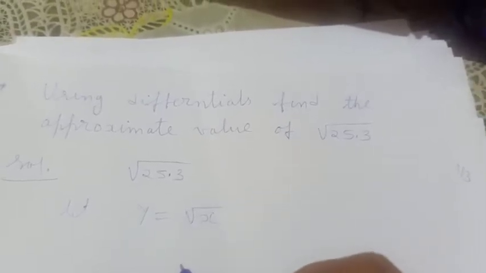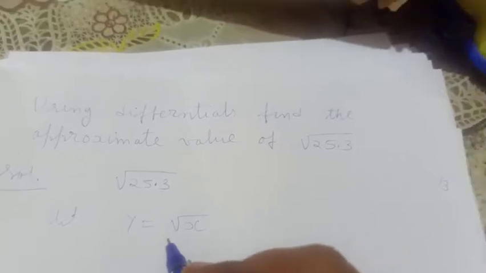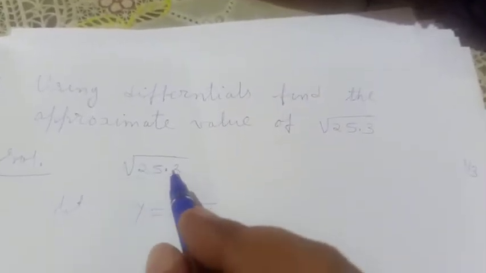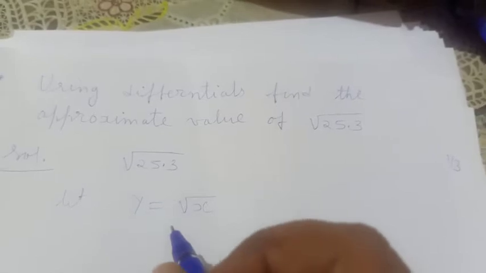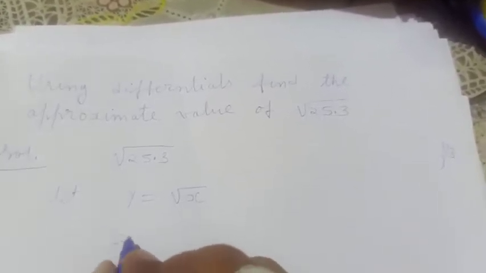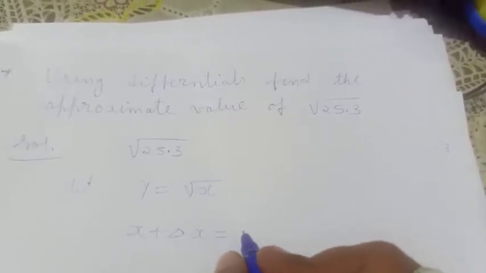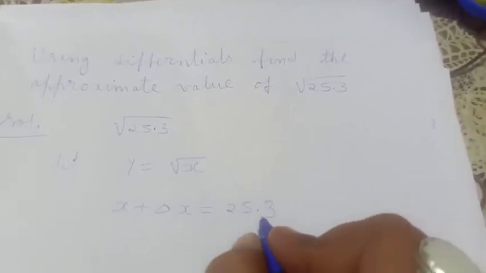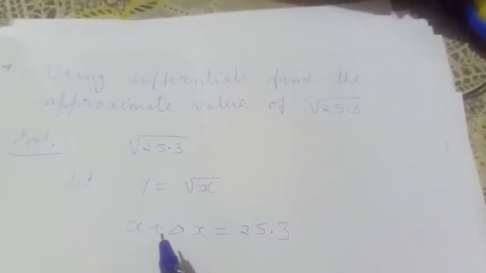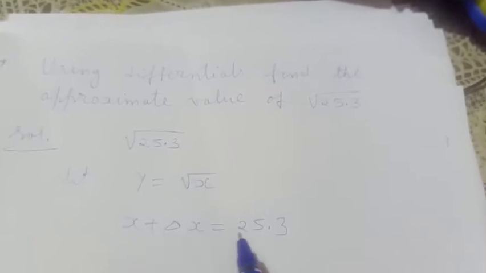Now this number 25.3, we will assume as x plus delta x. So we will write x plus delta x equal to 25.3. Now we will find the values of x and delta x. So we will set the values of x and delta x using this equation.